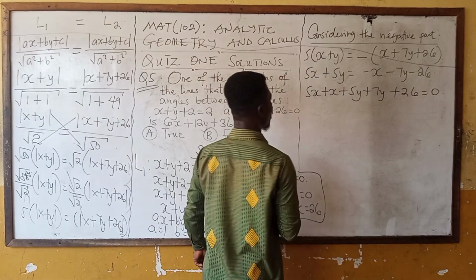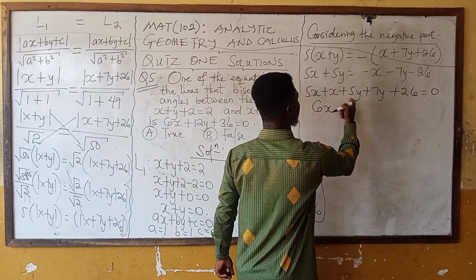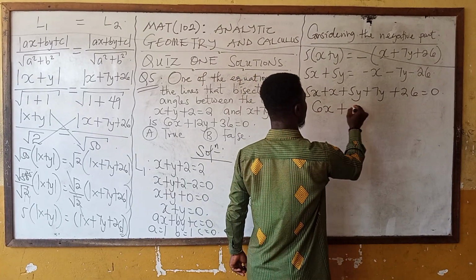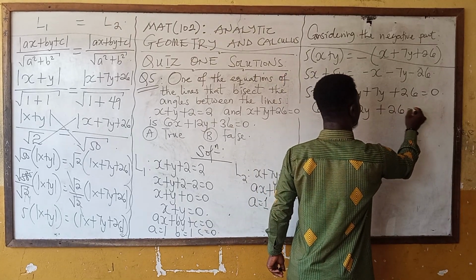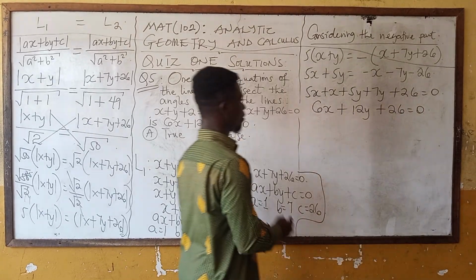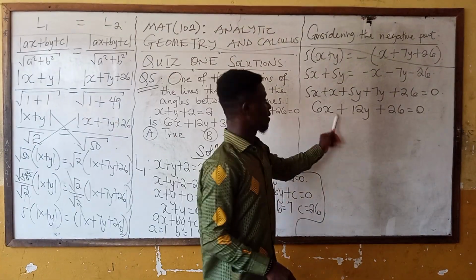So now we have 5x plus x, we obtain 6x, then 5y plus 7y, we get 12y, then plus 26 equals 0. So as we can see, when we take the negative part, we have this, right?